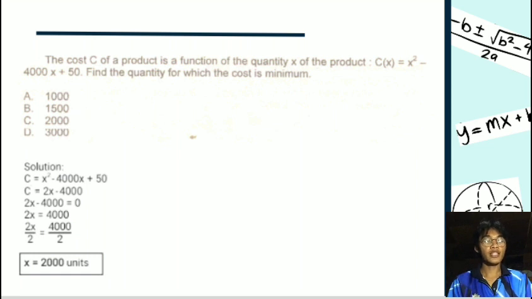C is equal to x squared minus 4000x plus 50. Now, we need to get the derivative of x squared, which is 2x. Then the derivative of negative 4000x is negative 4000. Then the derivative of 50 is 0, since it's a constant.